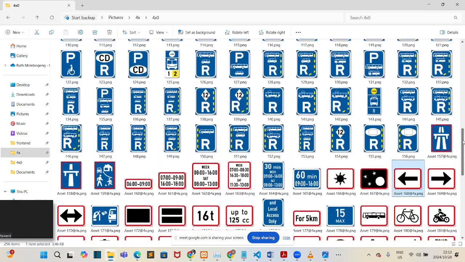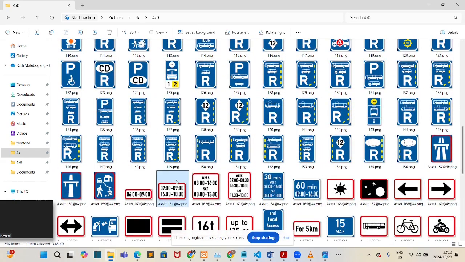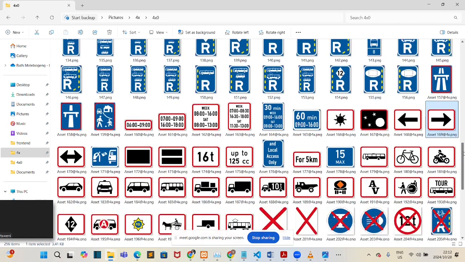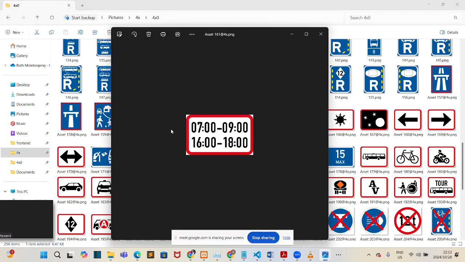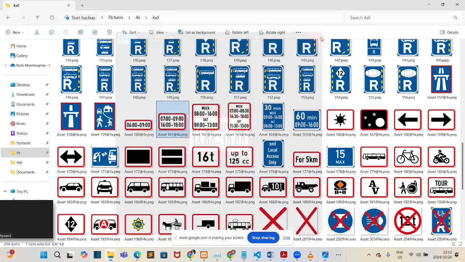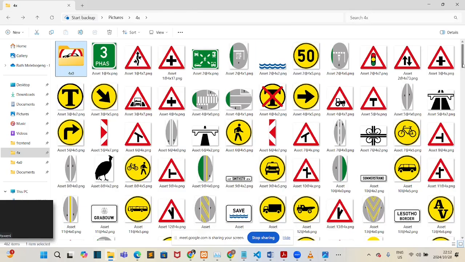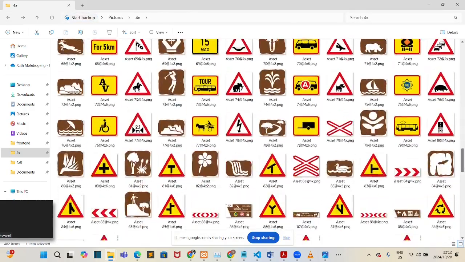All of these are selective restriction signs, and they supplement a primary regulatory sign. You won't find them on their own like this, for example. It's always in a combined form, right? So in a combination sign.